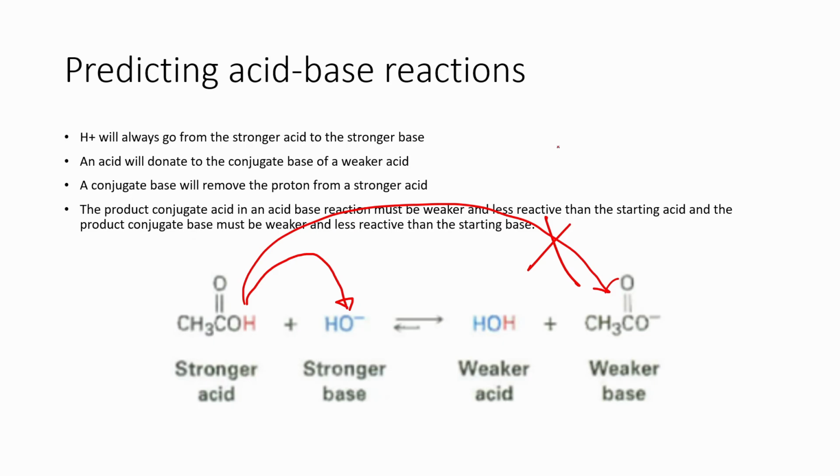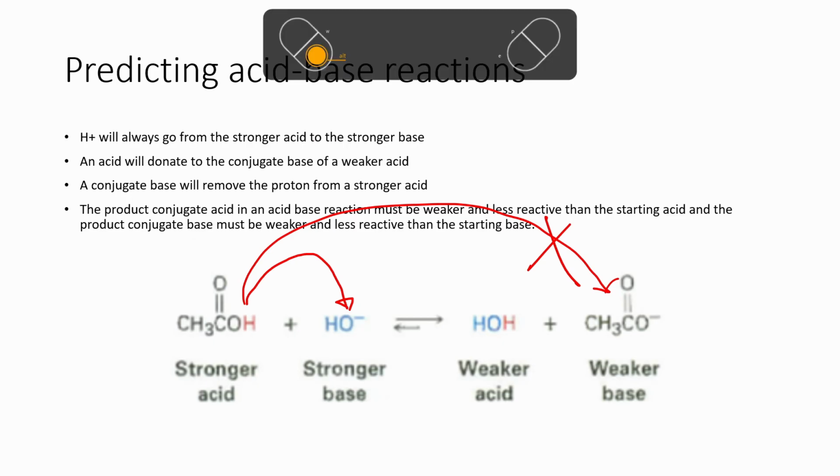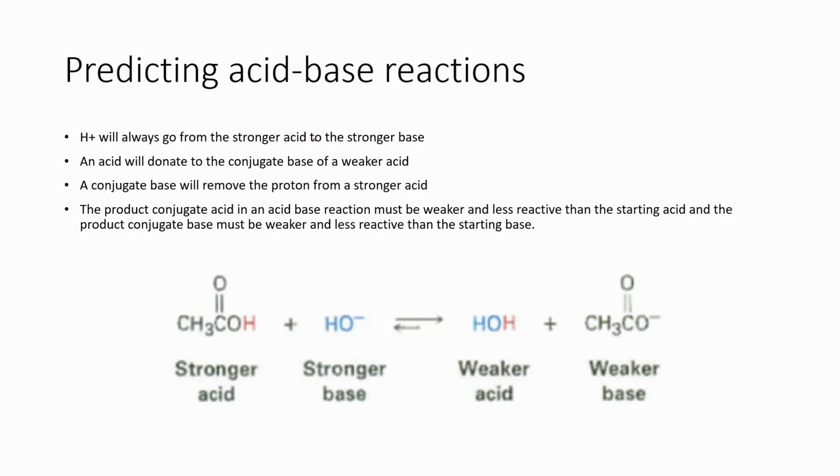Okay, next is, let's remove the writing. An acid will donate to the conjugate base of a weaker acid. So the weaker acid here, in this case, if water acts as an acid, it will become hydroxide.